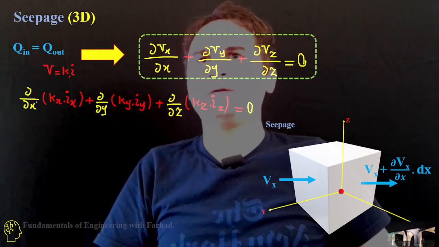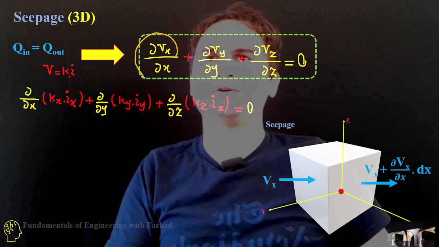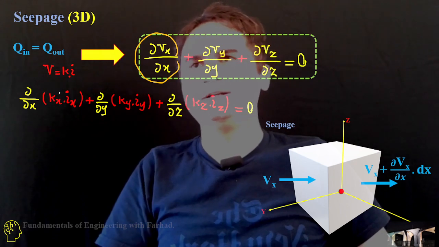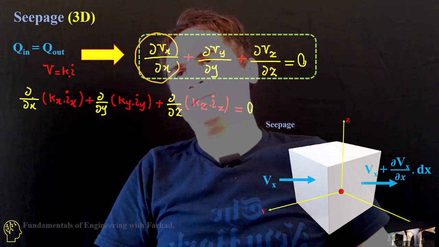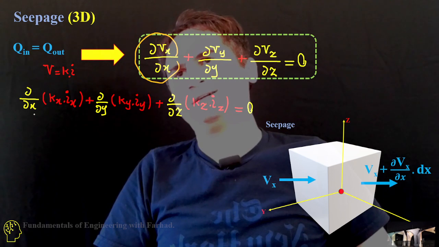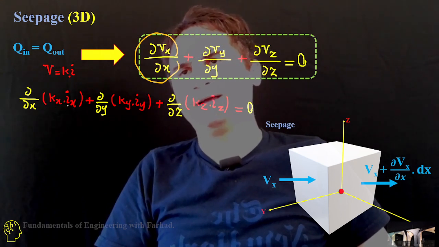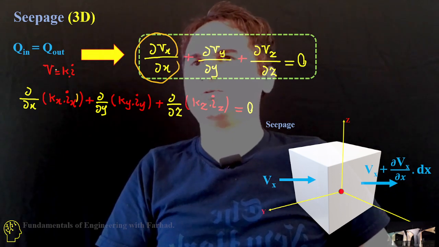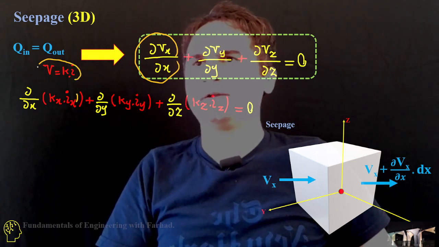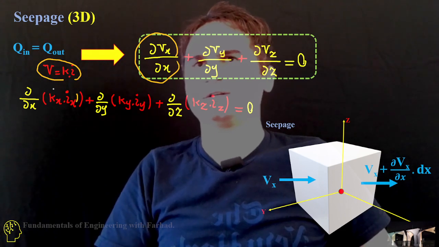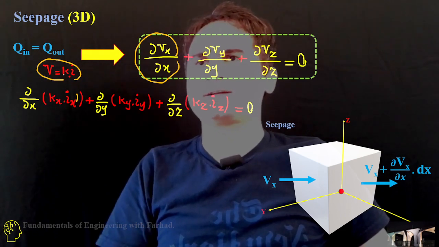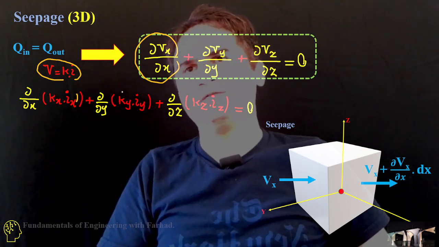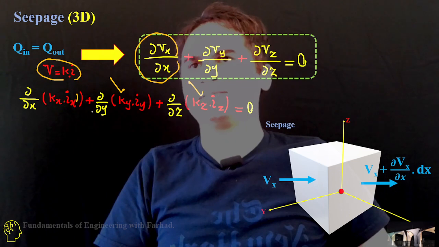At the same time, if we expand our equation, we can write it as d over dx of kx times ix, and we know that v is equal to k times i. So we expand it like kx times ix and do the same for y and z.